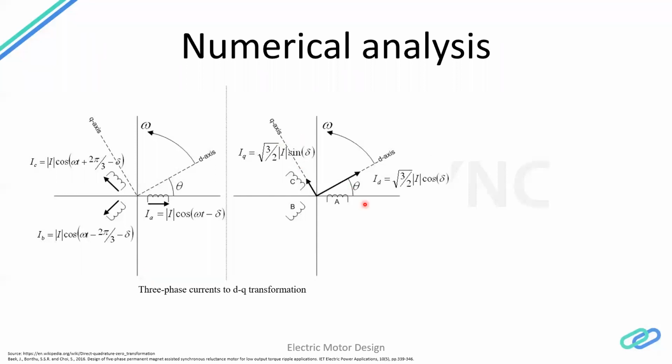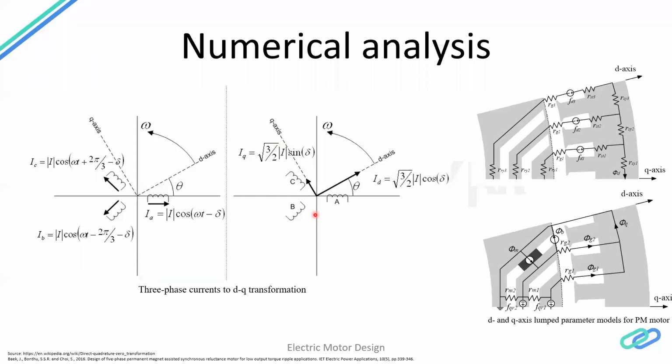Once you have that, you should be able to use these two axes and represent your motor design using a magnetic equivalent circuit. You have reluctance paths in your motor design. As I said, the flux barriers add some reluctance. The magnet is a flux source, and the stator has flux sources which are developed by stator currents.